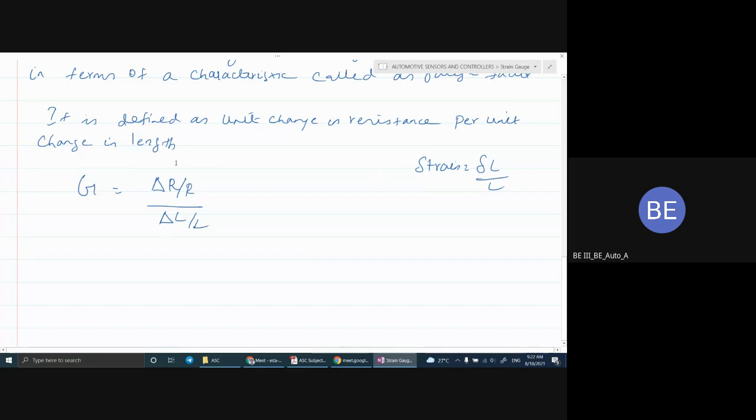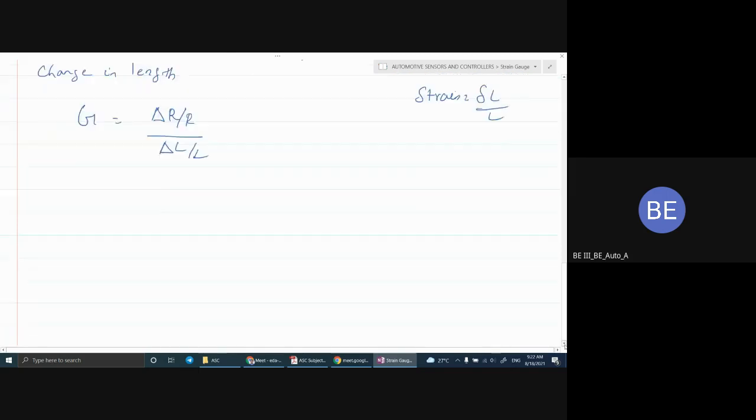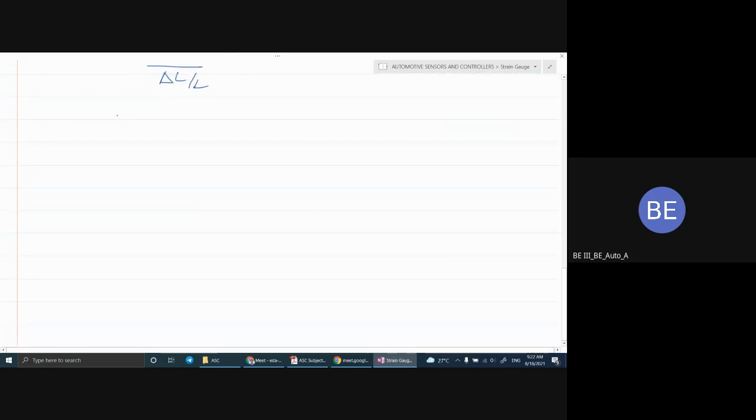This gauge factor is correlated with the Poisson ratio. What do you mean by Poisson ratio? Have you ever studied? Bro, have you studied?